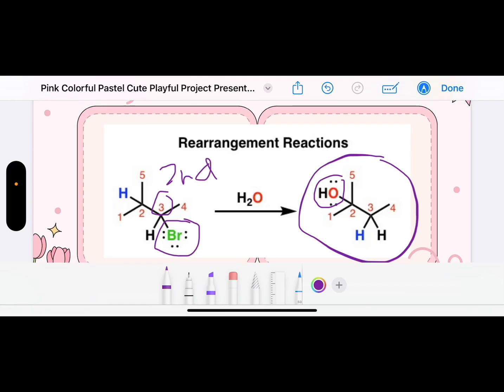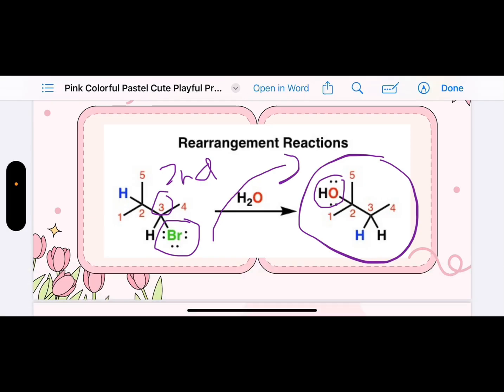Kay sa carbon number 3 guys, secondary man gud ang carbocation. So, di ba, ang tertiary na carbocation kay mas stable man kaysa sa secondary. So, mao to, na siya here. Kanina substitution is nucleophilic, where ang bromine kay na-replace og hydroxyl.